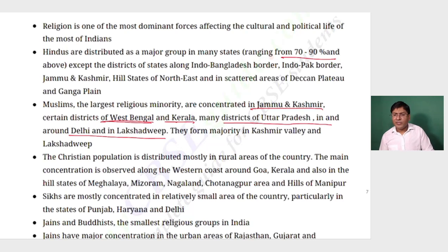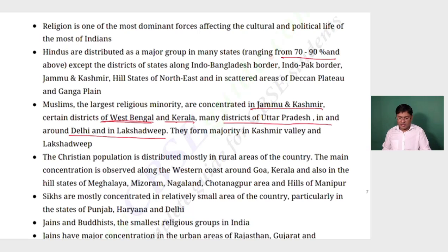So they form majority in the Kashmir Valley and the Lakshadweep. जो ज्यादातर जो मुस्लिम्स की सबसे ज्यादा पॉपुलेशन या जो जहाँ पे किसी अदर रिलीजन से ज्यादा है वो है कश्मीर वैली एंड लक्षद्वीप। इन दोनों जगह पे द पॉपुलेशन ऑफ मुस्लिम्स इज larger than the other population.